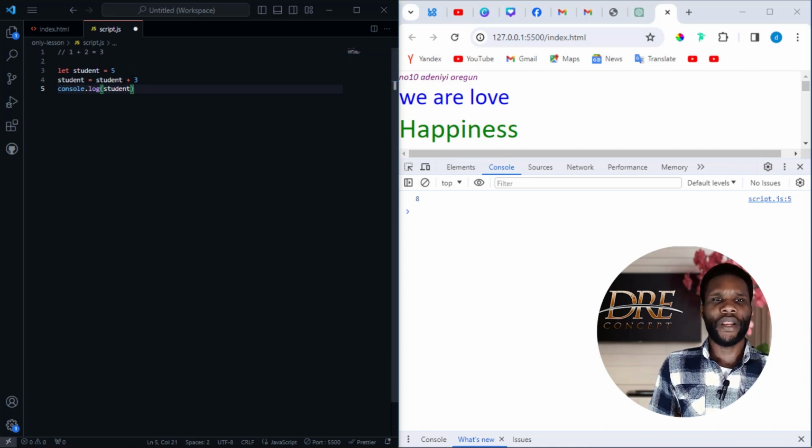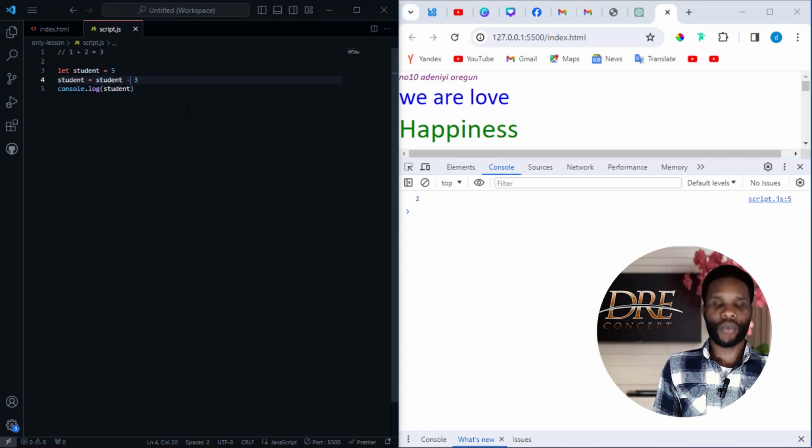So now let's say we are subtracting 3 from student. What will be the answer here? Let's check our console. It says 2, meaning 5 minus 3. As I said earlier, the student variable here is holding number 5. The data type is number, the value of 5. So it means 5 minus 3.